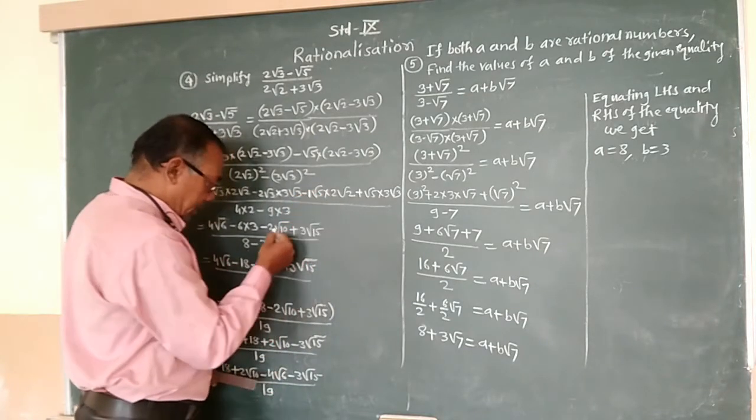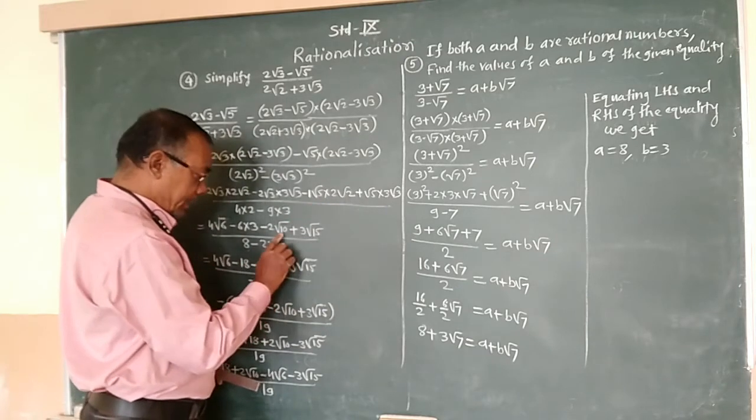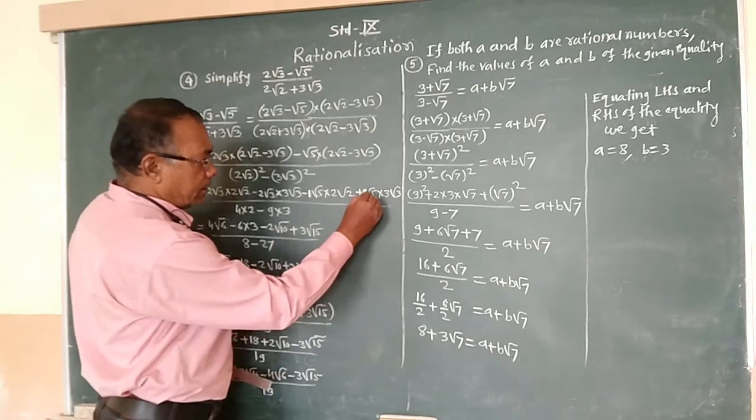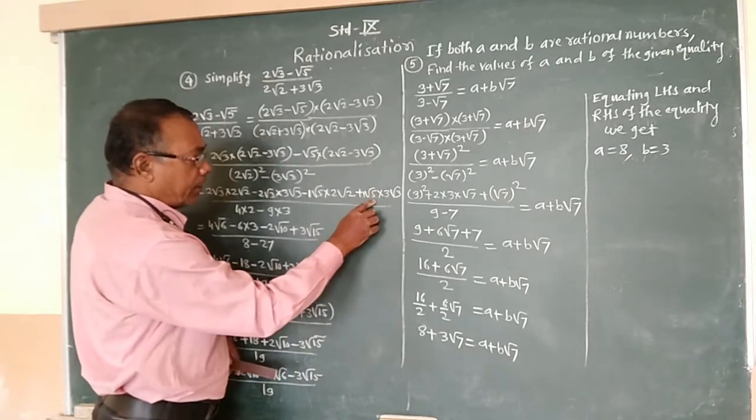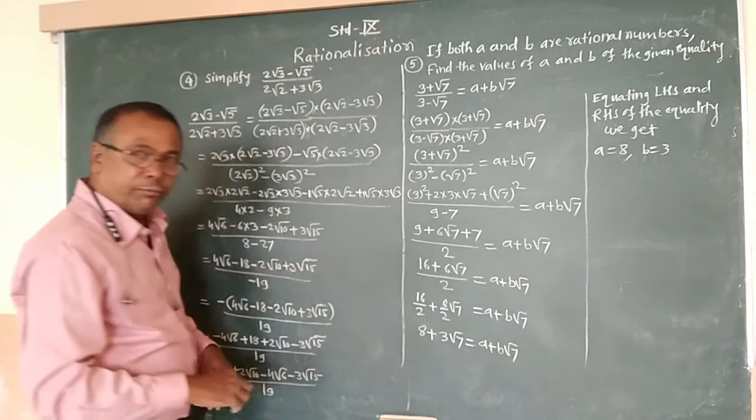So 2 ones are 2 and 5 twos are 10, plus here the coefficient is 1, so 3 ones are 3 and 5 threes are 15, so root 15.